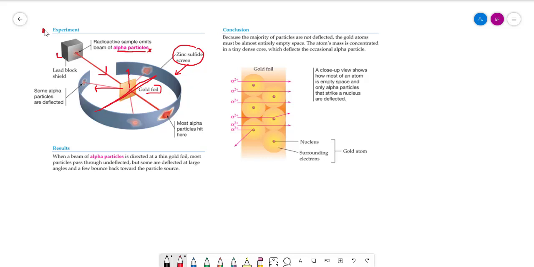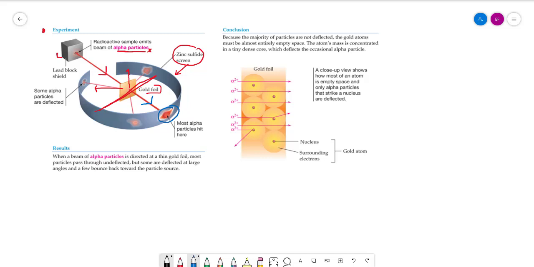So he ran this experiment, and of course that's not what he observed. He observed the vast majority, 99.9%, actually went straight through the gold foil and lit up this section of the zinc screen.